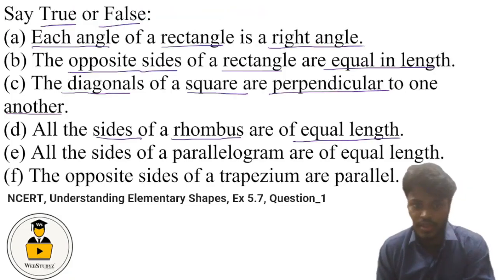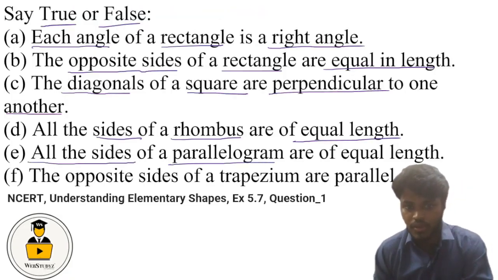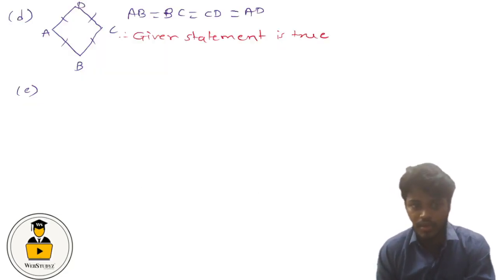Now let us consider E. All the sides of the parallelogram are of equal length. So let us consider a parallelogram ABCD.